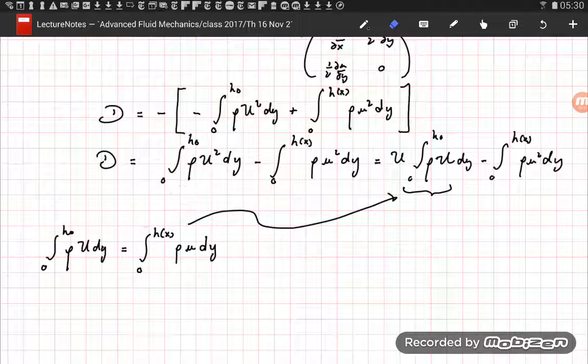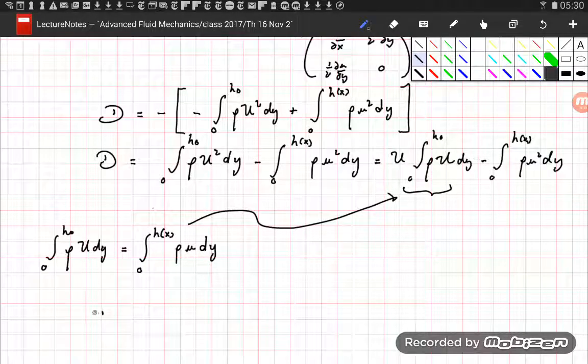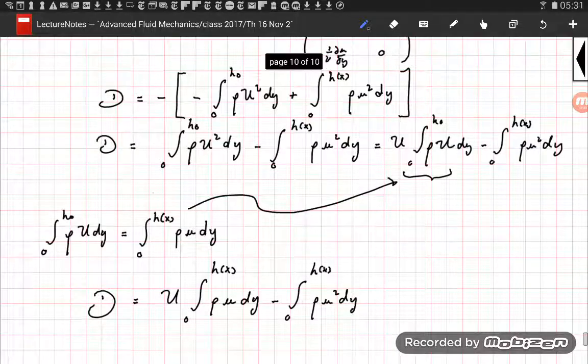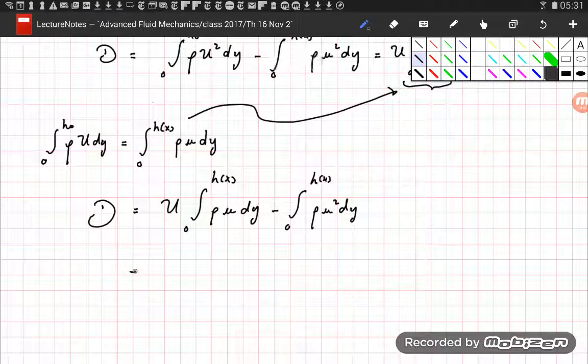So now I can rewrite D. My drag is equal to capital U times the integral between 0 and h(x) of rho small u dy minus the integral between 0 and h(x) of rho u squared dy. And now I can put everything under the same integral.